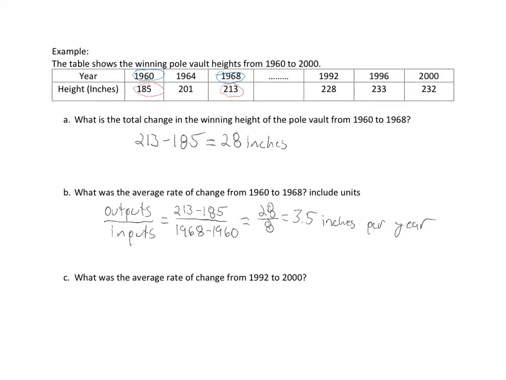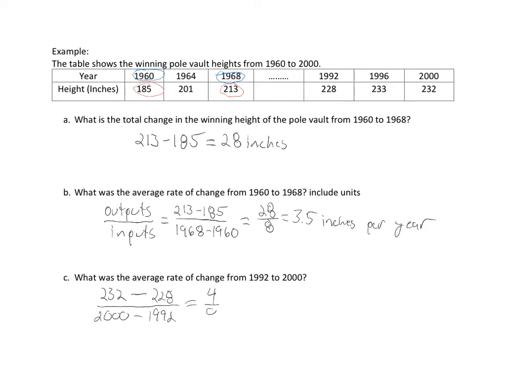So what is the average rate of change from 1992 to 2000? So the change in the outputs, in 2000 the output is 232 minus 1992's output, which is 228, over the inputs, 2000 minus 1992.